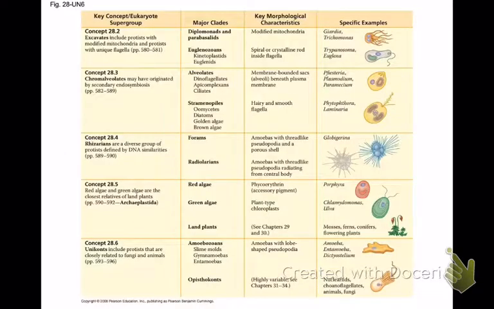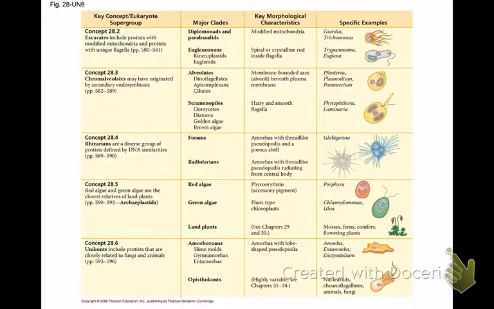Okay, so this is a table showing some of the different supergroups and subgroups within those, and their key characteristics. So this is a useful table for learning the characteristics.